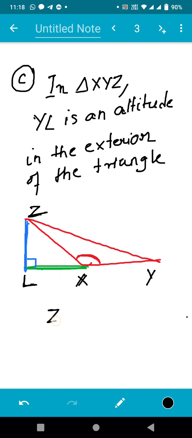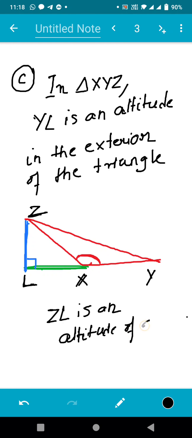So ZL is an altitude of a triangle X, Y, Z. Okay, students. So this is a required figure. Please draw it very, very neatly.